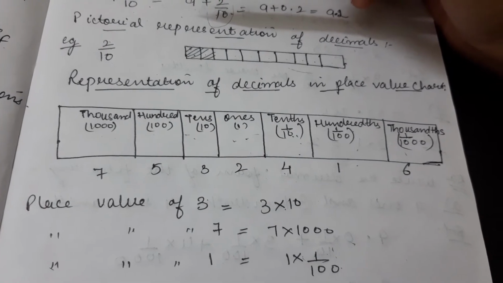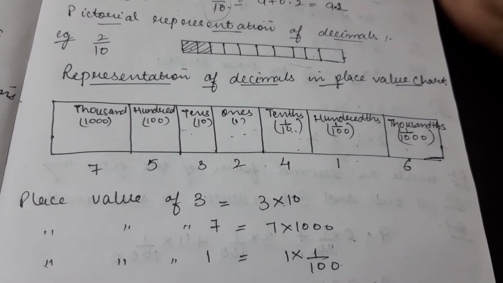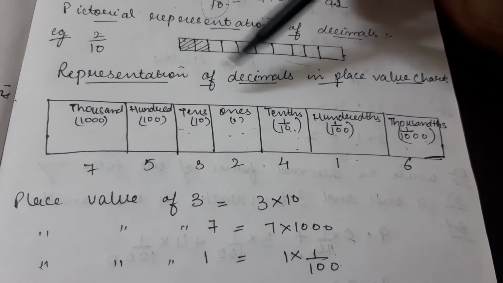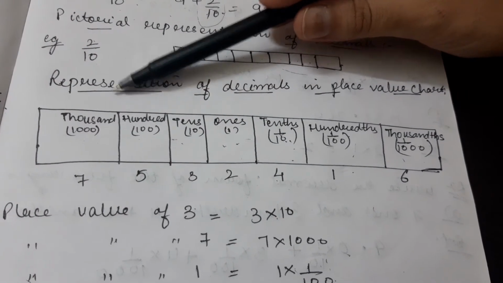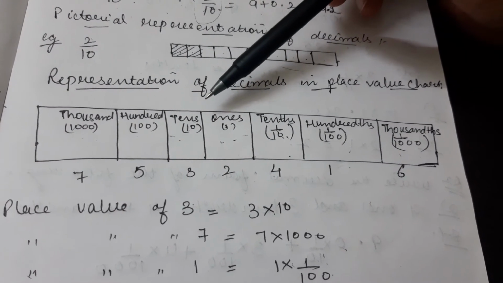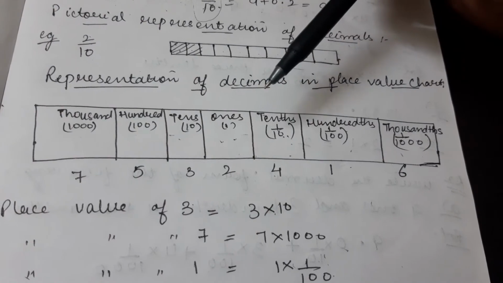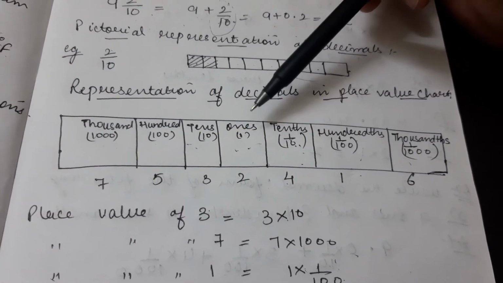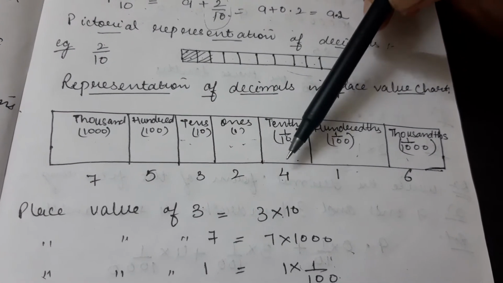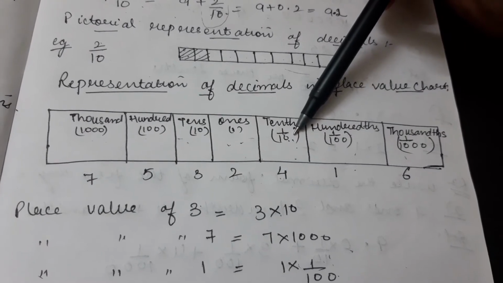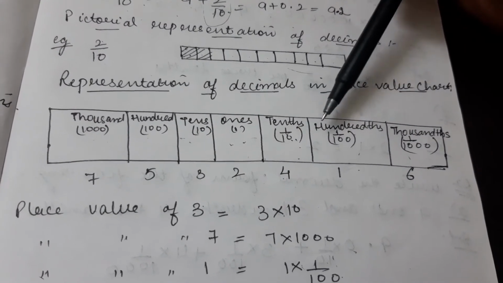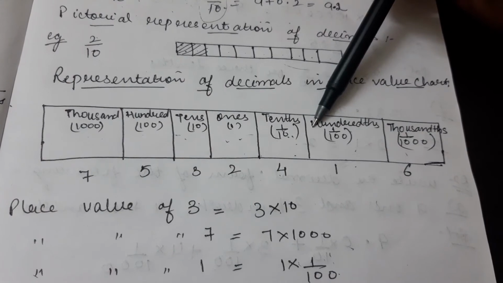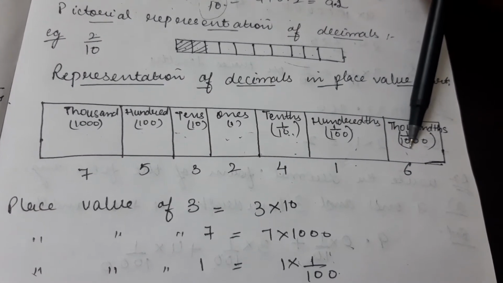Next is representation of decimals in the place value chart. As we have done the place value chart, ones, tens, hundreds, thousands, we can extend that place value chart in the decimal number system. After the decimal point, the first place is known as tenths, second place hundredths, third place thousandths.